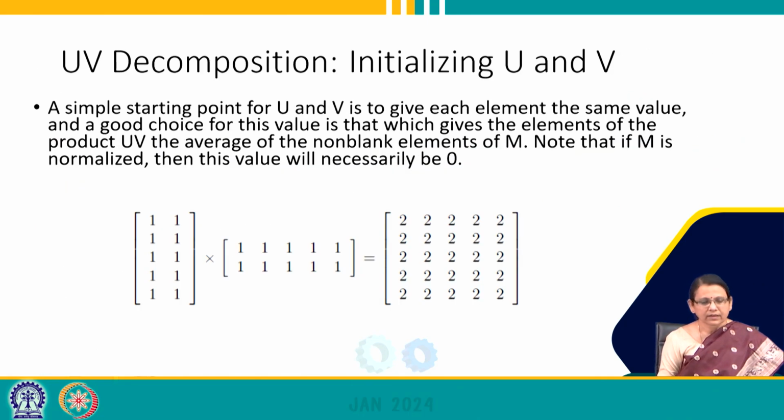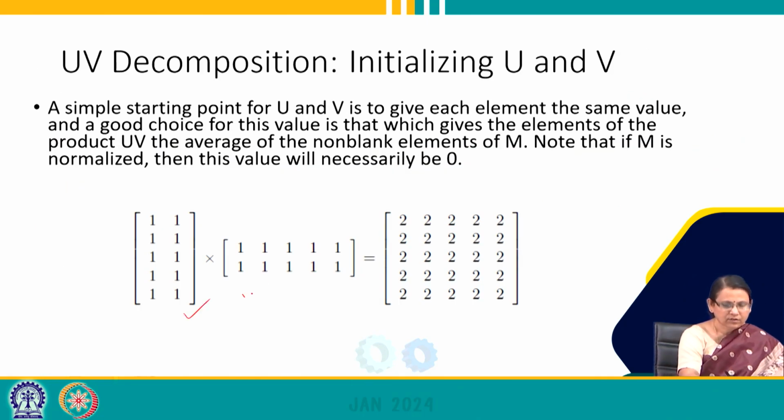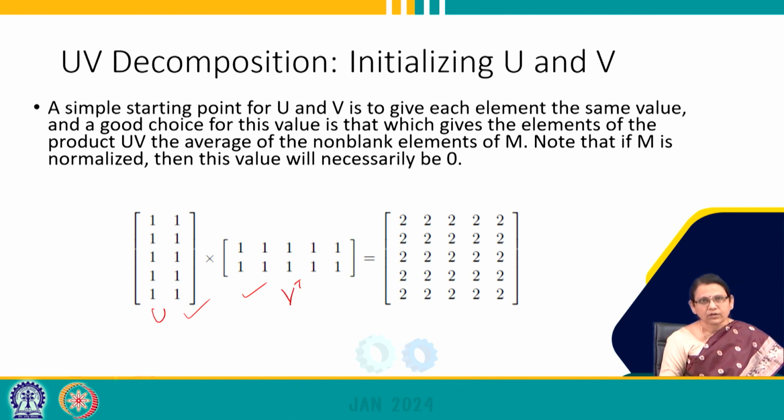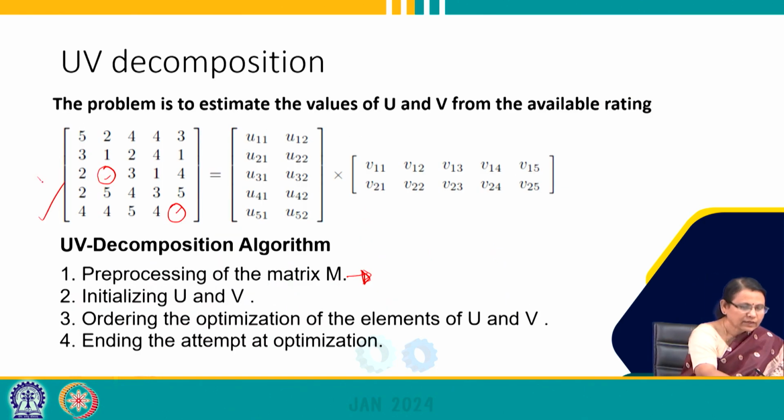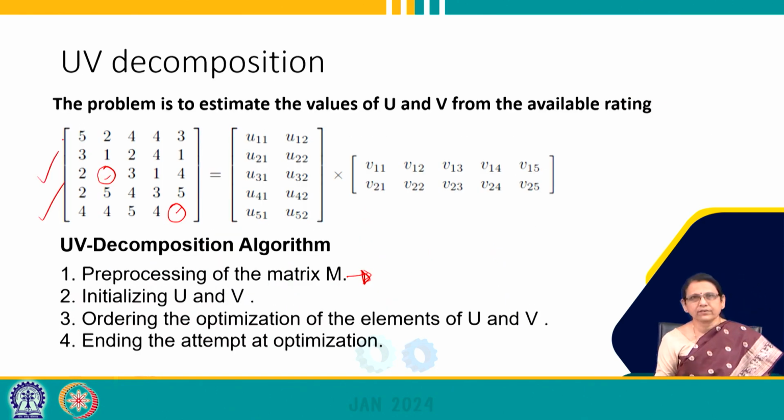So, let us just randomly initialize this U matrix and V matrix, and after multiplying you get this one, but this one is not the same as your original matrix M. So, where is the difference?